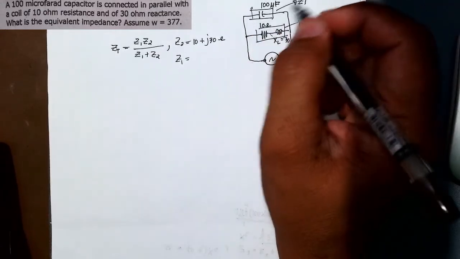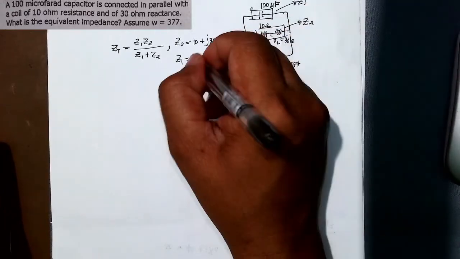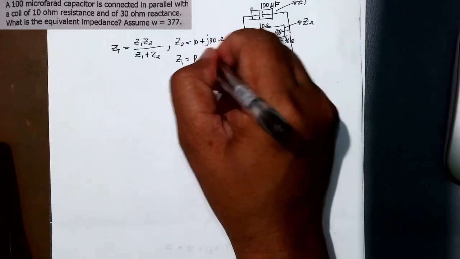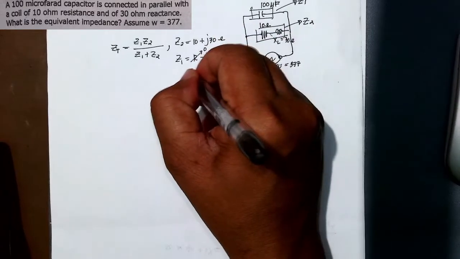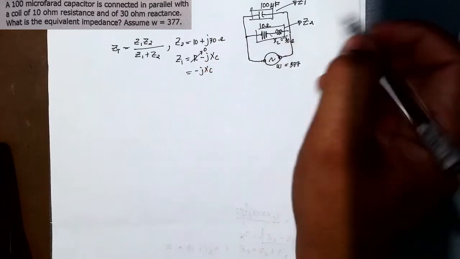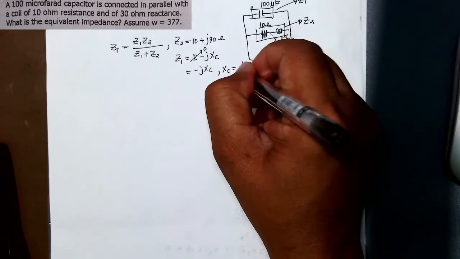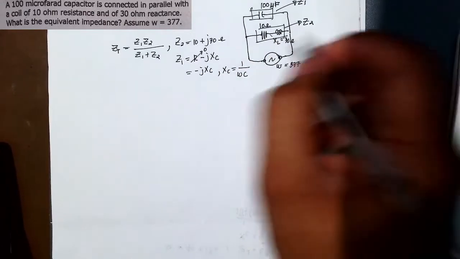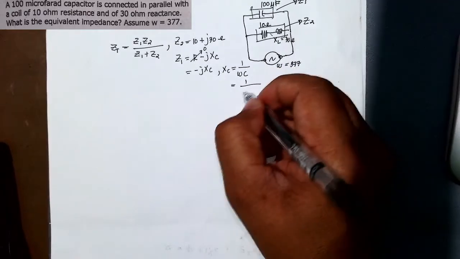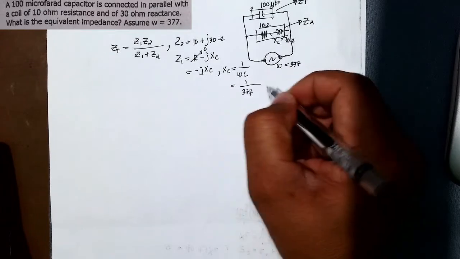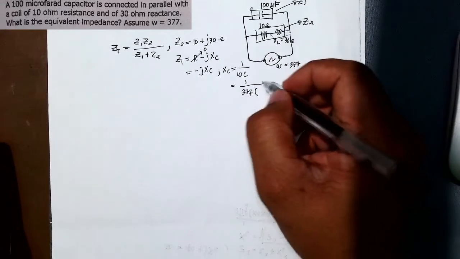If that is the case, the general form is R minus J X sub C, but our R here is 0, so what remains is minus J X sub C, and X sub C is 1 over omega C. Here we can right away substitute the omega value, which is 377, and C, which is 100 microfarad.